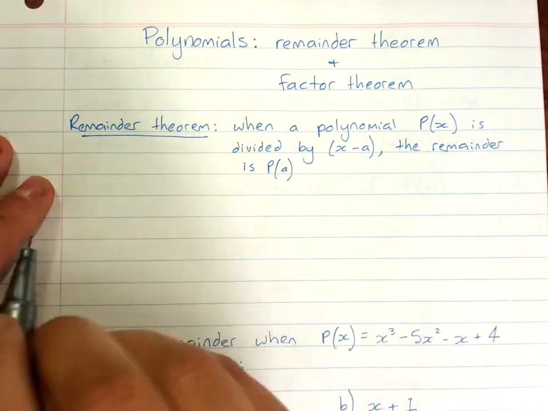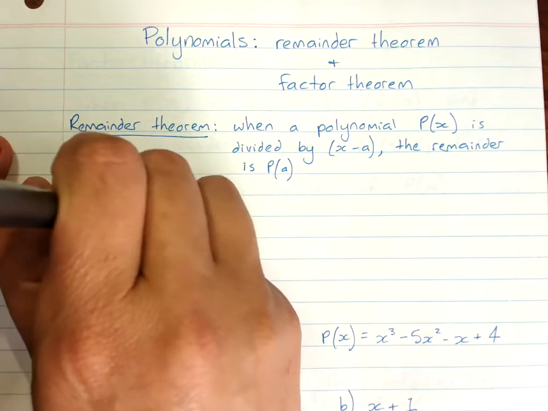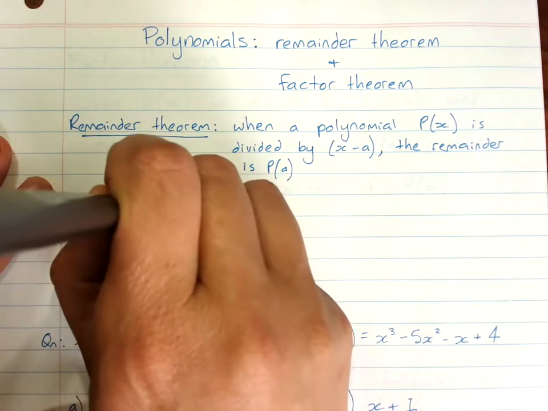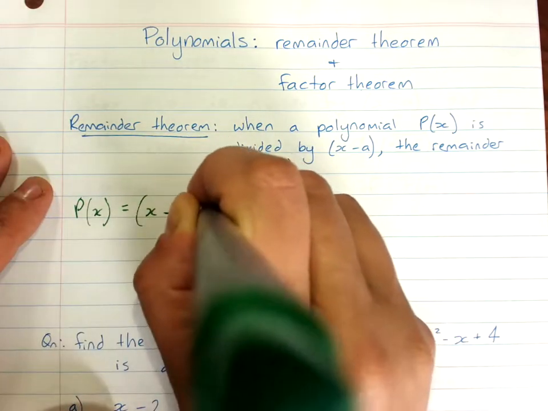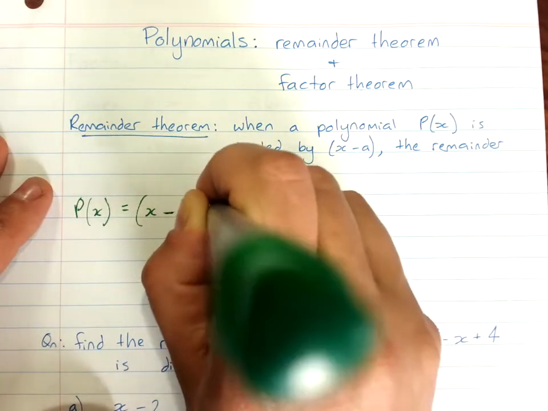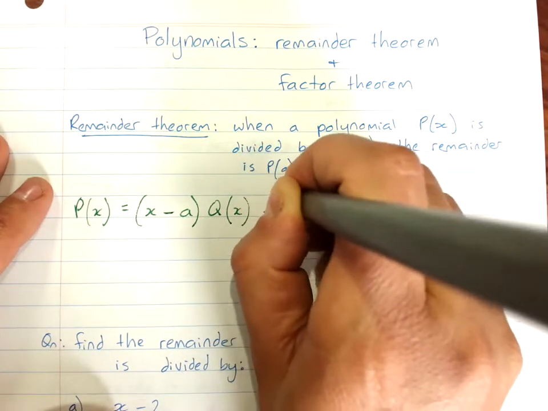Remember that we can write our polynomial division p of x equals x minus, now we're going to make it x minus a, multiplied by the quotient in x, plus the remainder.